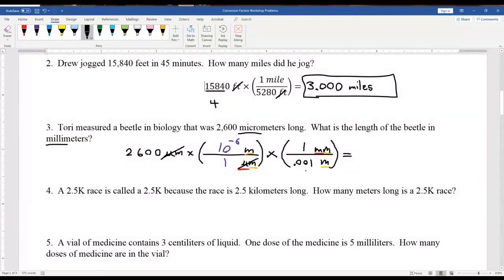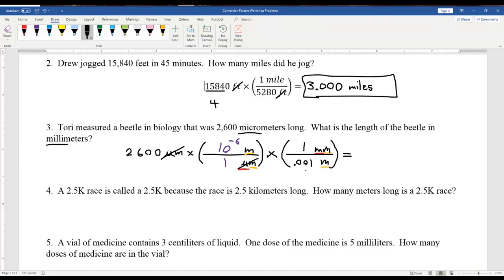Now you might ask me, well, my professor said it's 1,000 millimeters to a meter or 1,000 milliliters to a liter, and that's true. It is. Why did I bother having you put 0.001 meters is equal to 1 millimeter? The reason is this: milli means 1/1000th, but kilo means 1,000.